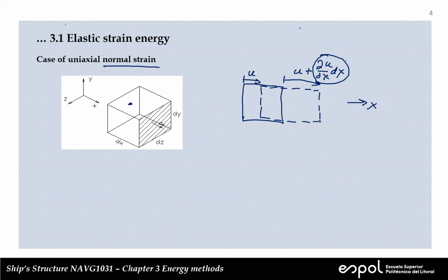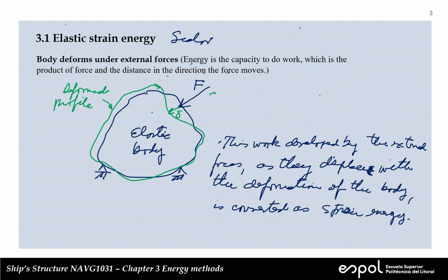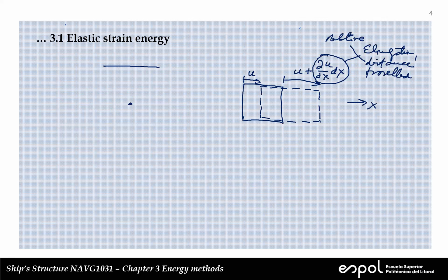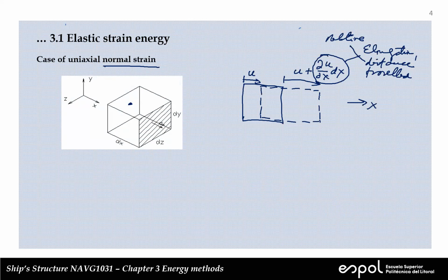So this is the elongation, or the relative distance traveled. Let me go back. Here we said that we need the distance, so this is the distance we were looking for. It's du/dx times dx.